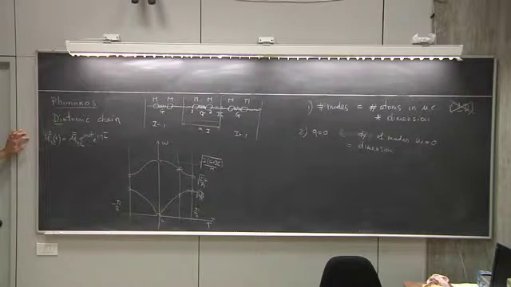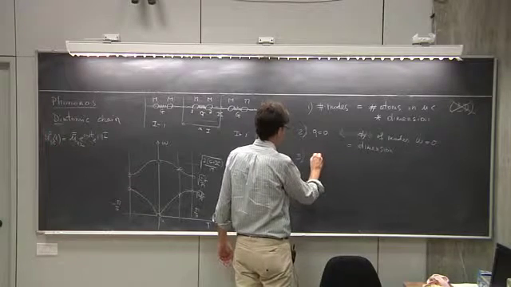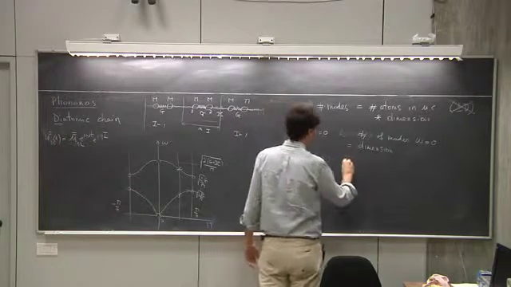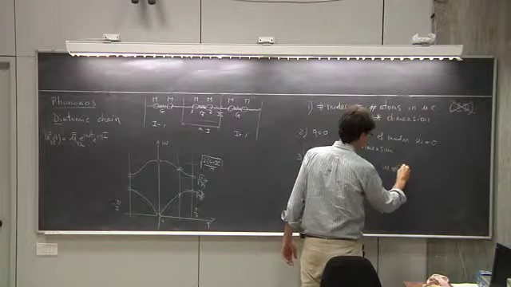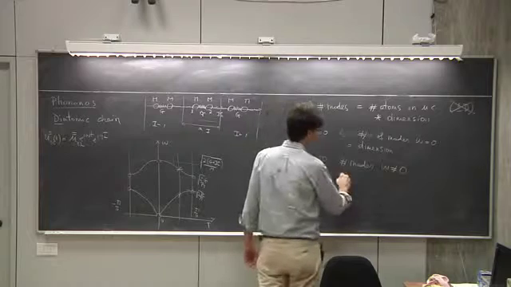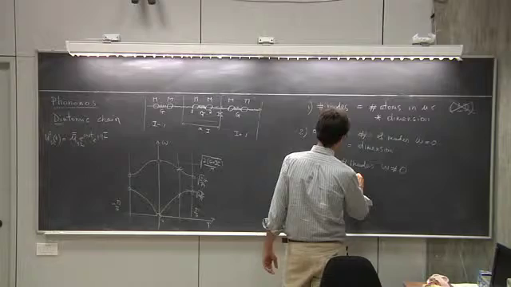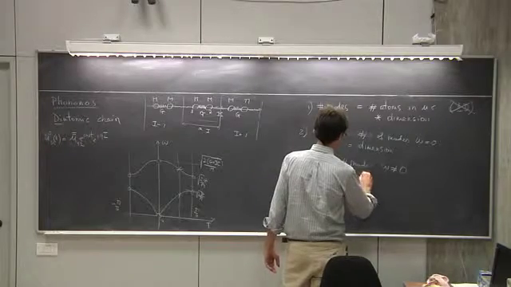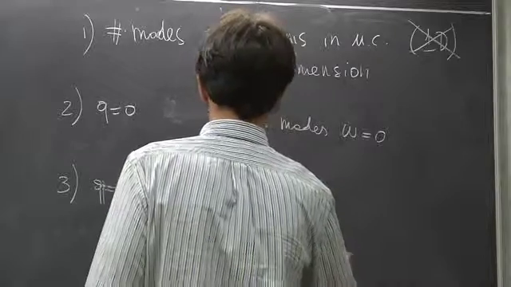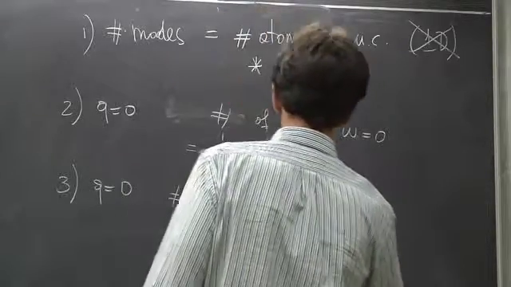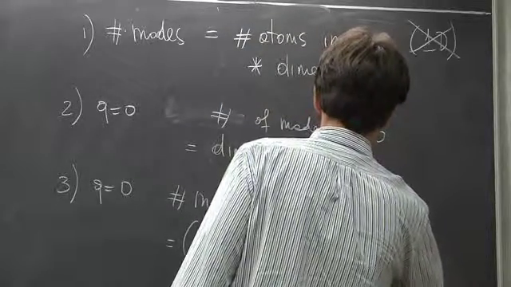Other general statements. Well, obviously, still at q equals 0, the number of modes with frequency strictly different from 0 is equal to the number of atoms in the unit cell minus 1, times the dimension of the problem.